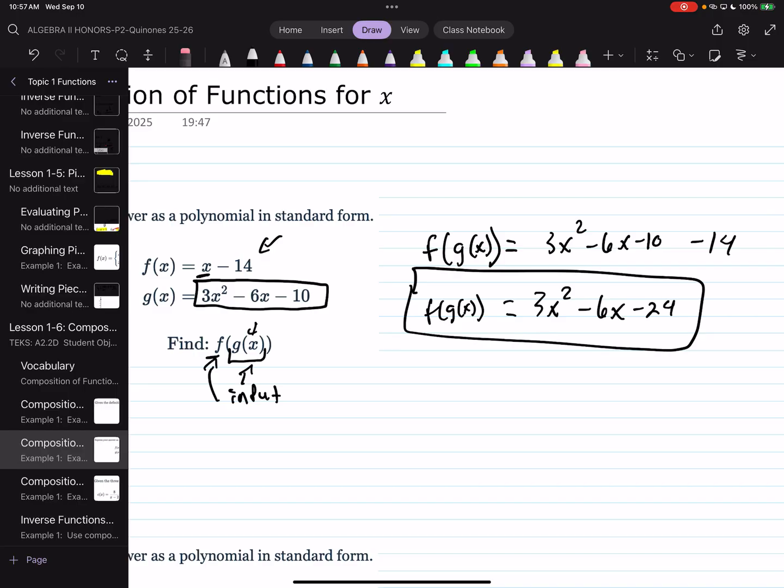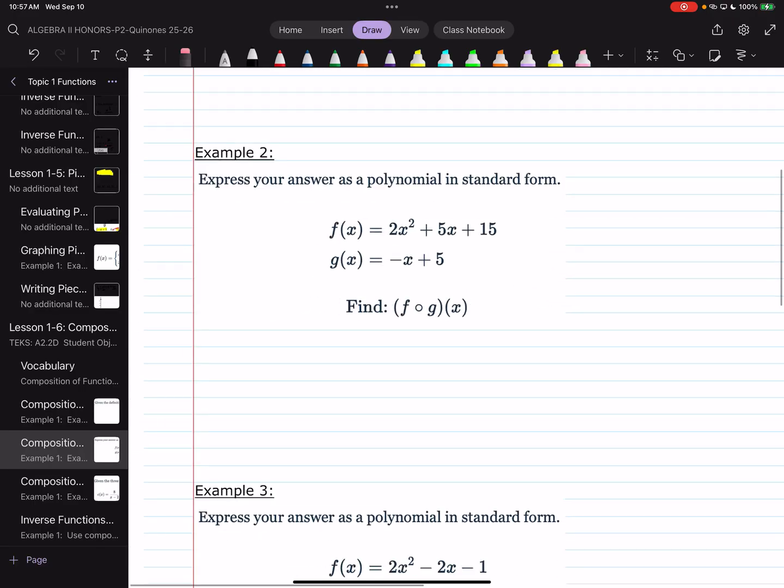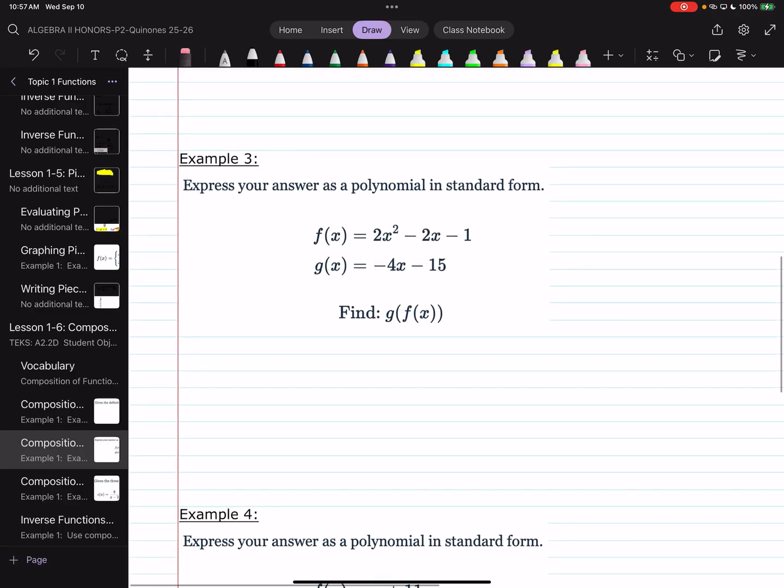So for the f of x one at the top, can we put f of g of x? Is it always going to be like that, are you asking? Like f of g of x? They could tell you G of f of x.